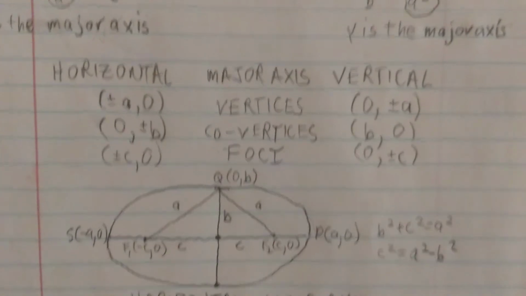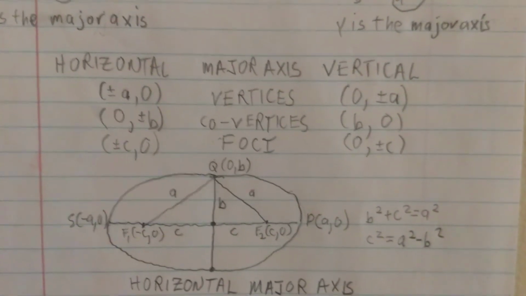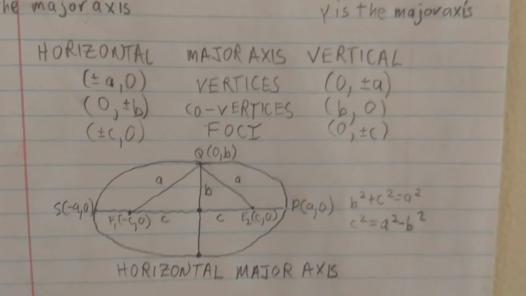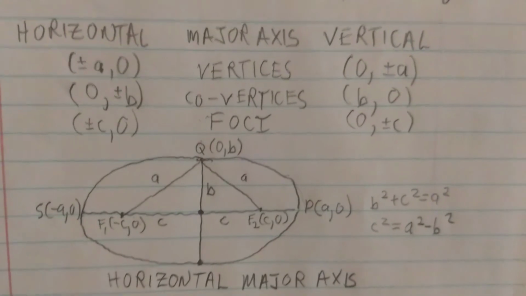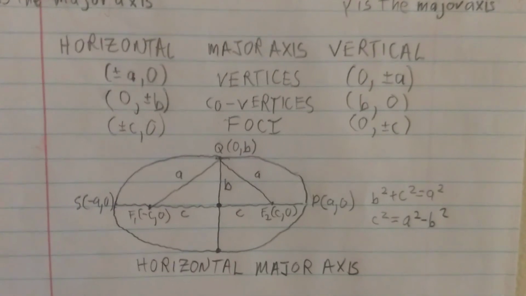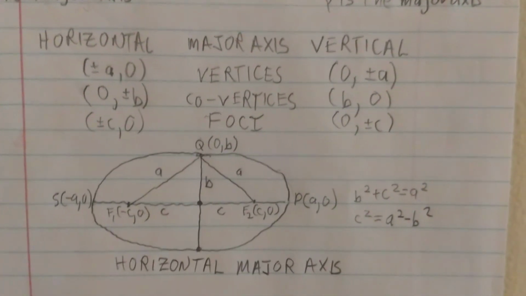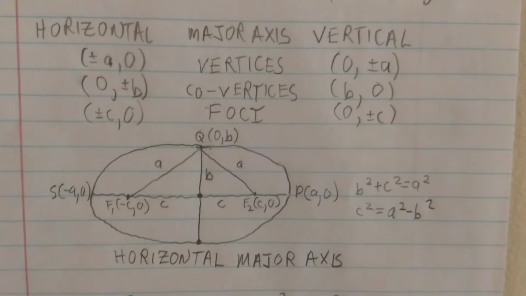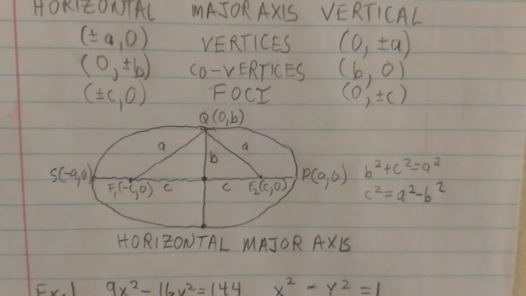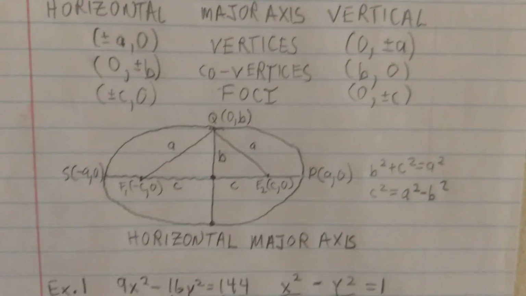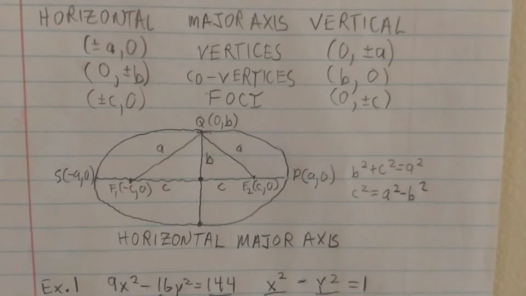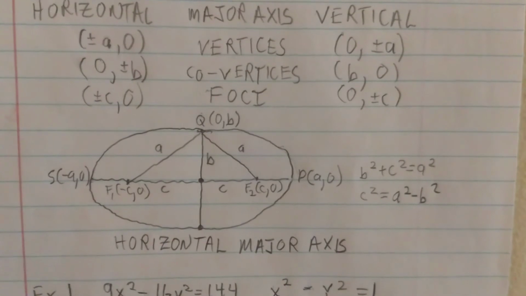So now the terminology using our letters A, B, C. For the horizontal major axis, the vertices are plus or minus a comma 0. For vertical, it's 0 comma plus or minus a, going up and down. The covertices, on the shorter axis, are 0 comma plus or minus b for horizontal, but plus or minus b comma 0 for the vertical major axis.